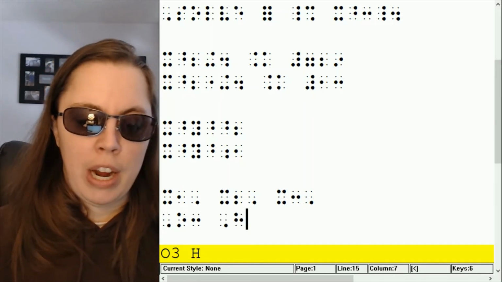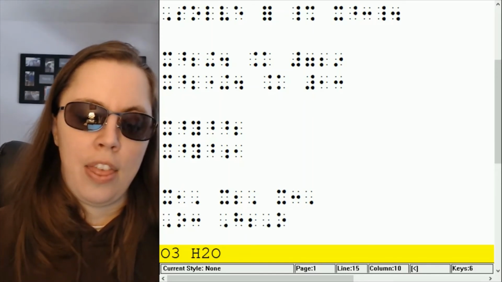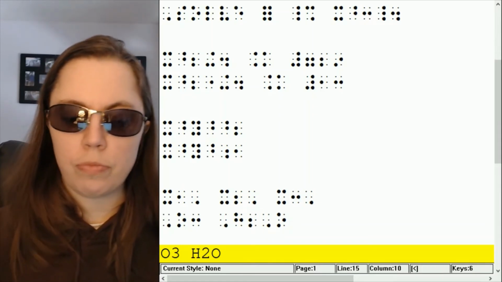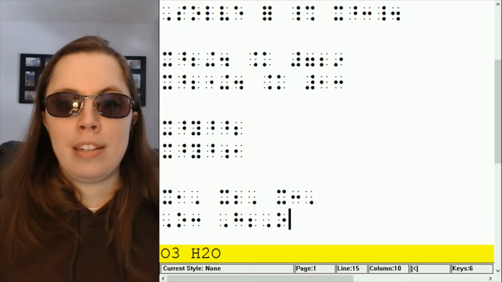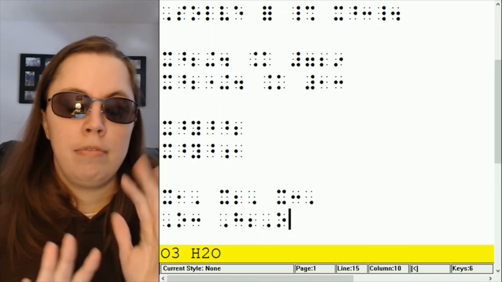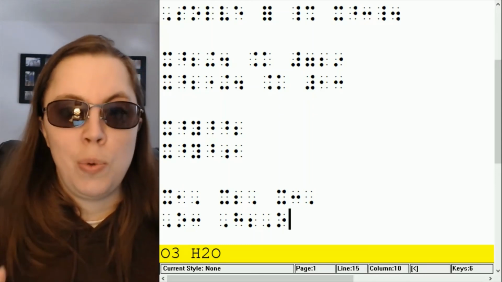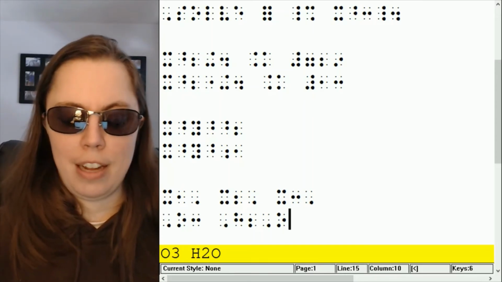If I want to write water, I can just write H2O, and that is actually read as the subscript where the 2 is down below. When we assume a subscript, it only works if you have a letter followed by a number. The number has to be just a plain number, and it only applies to that number. Like in H2O, I don't need to do anything to come back to the baseline.